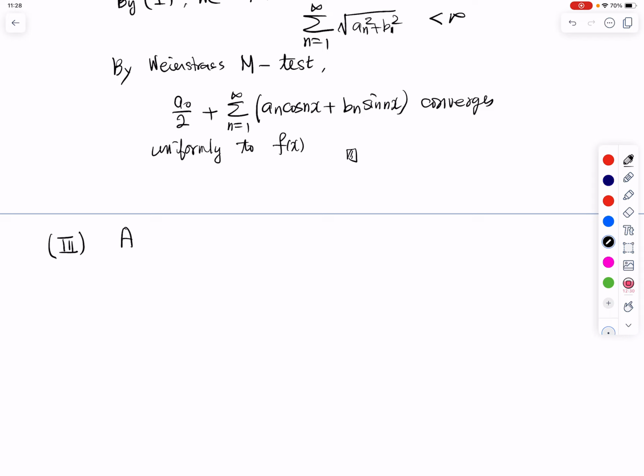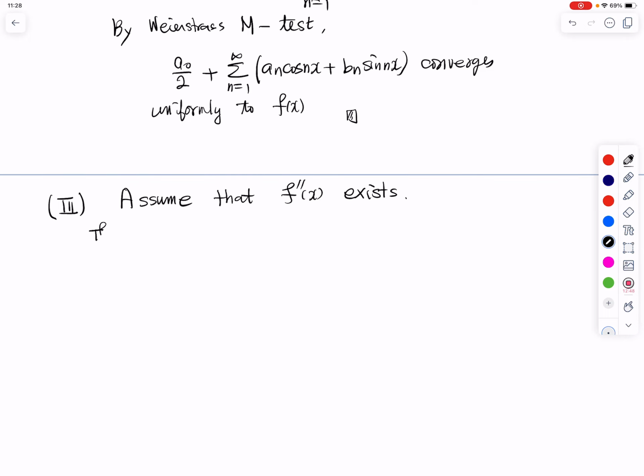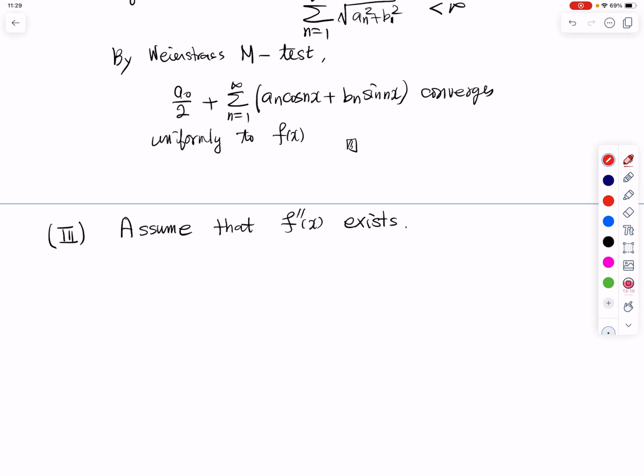Now if we assume that the second derivative exists at one point, assume that f double prime of x exists, then what we want to prove is that we can differentiate the original Fourier series with respect to x, and then we can differentiate f double prime.